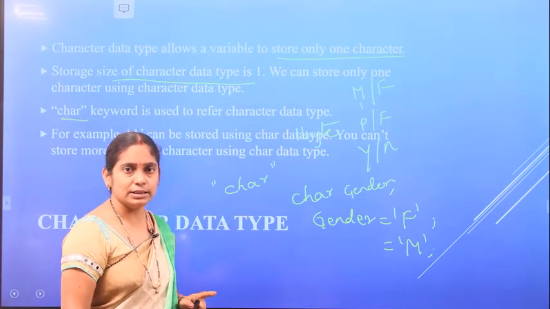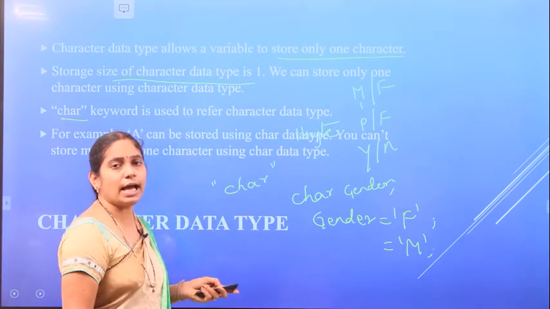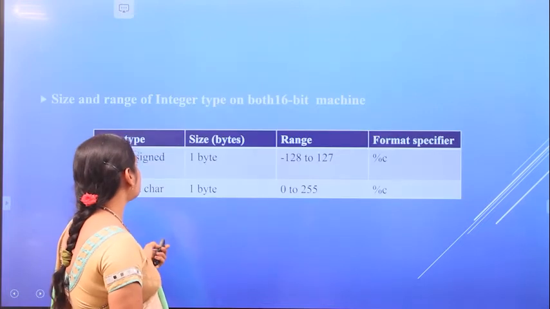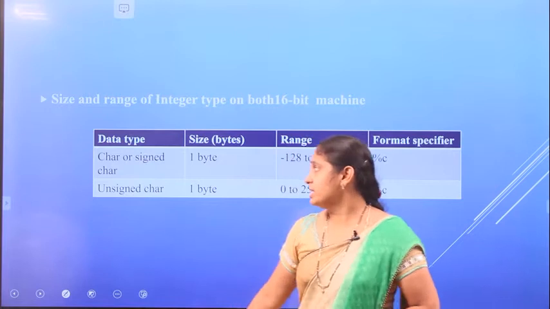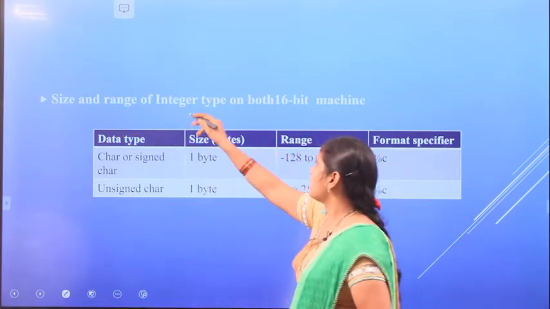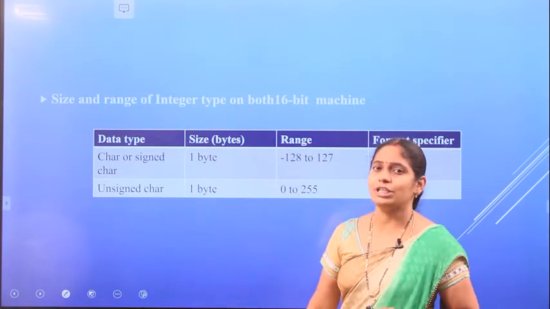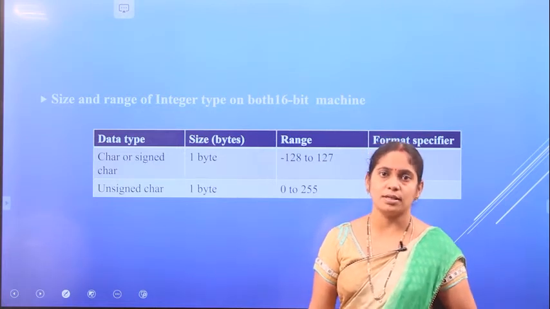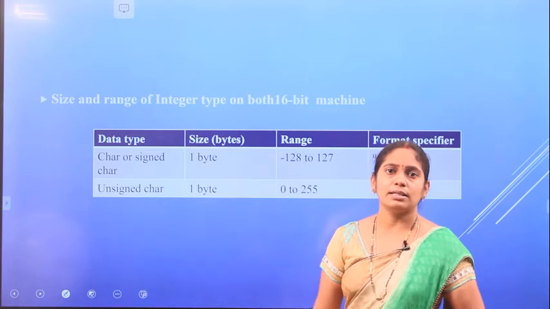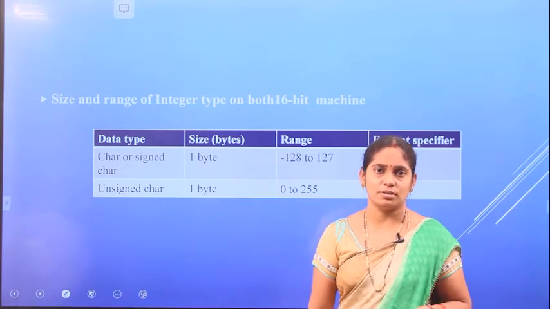1 byte. Now see the size of the character data type. Here the size will be represented. The size of each data type will vary from one processor to other processor. Based on the compiler, the size of the data type will change.